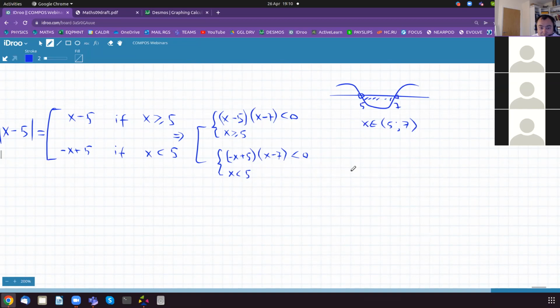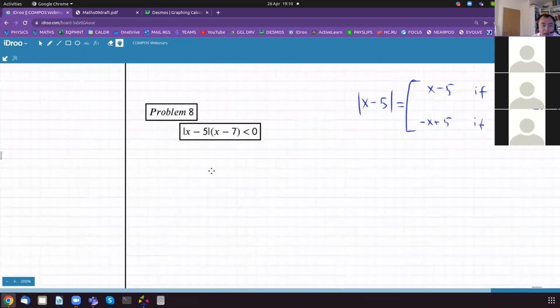Well, this one is also going to be 5 and 7, but the sign will be different because it's going to be negative, positive, negative. It's going to be like this, and x is less than 5. Oh, so it's in fact this. So x belongs to minus infinity to 5, not including. And the answer will be anything from minus infinity to 5 and from 5 to 7. So two possible solutions.